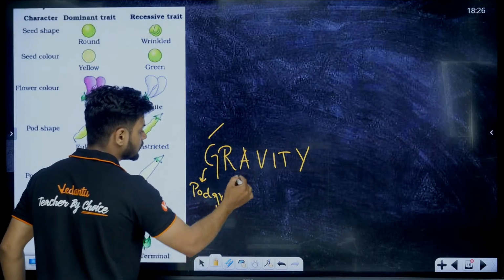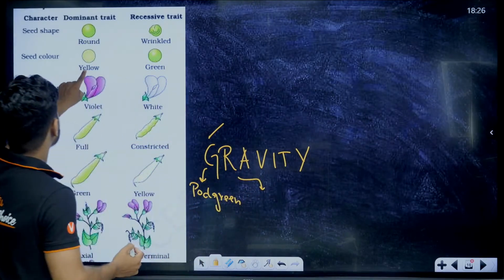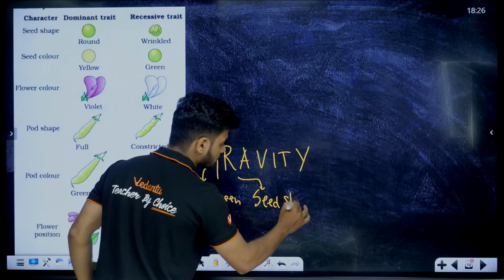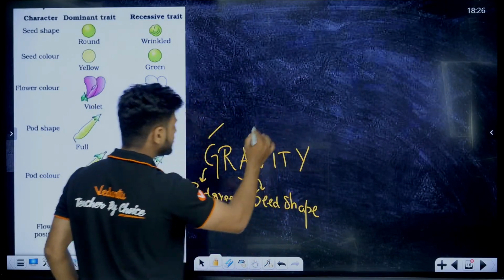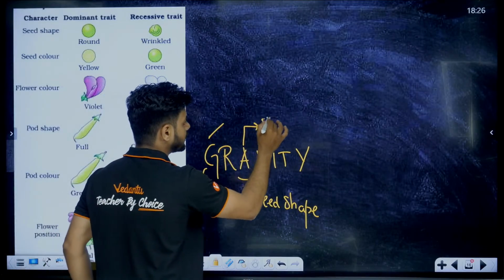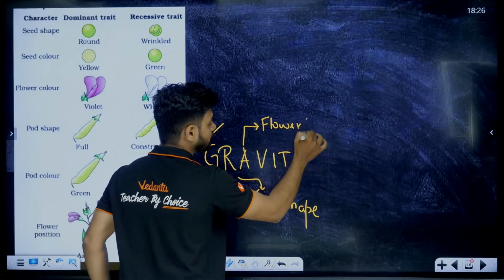Round is dominant here. That is your seed shape. Then we have A, that is axial arrangement of flower position.